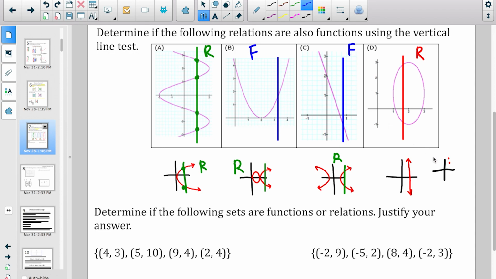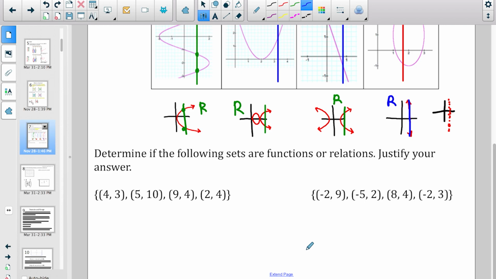And let's maybe add a third, fourth, fifth point. And we can see that when we start to add continuously more points along there, what would we end up with? We'd end up with a line. So a line really is an infinite number of points. So if I drew a vertical line through an infinite number of points, well, then we're touching this graph at an infinite number of points. So this would then make this a relation.